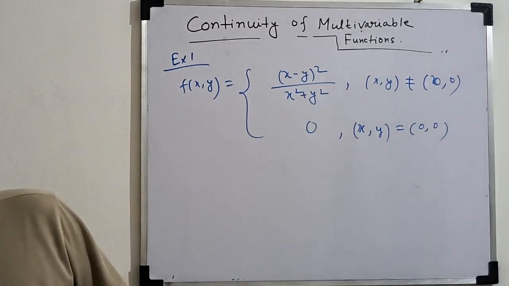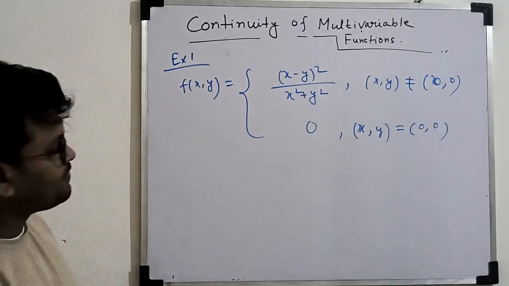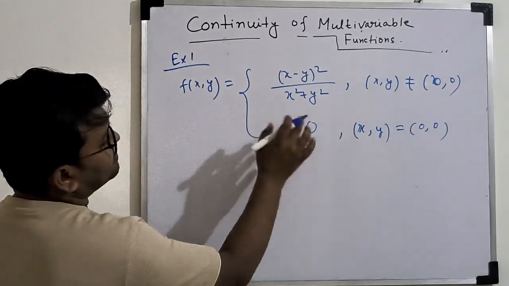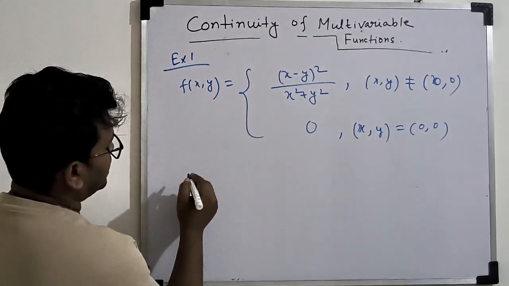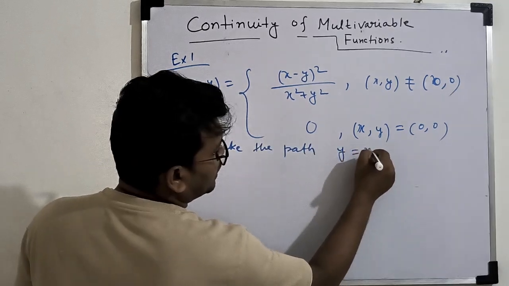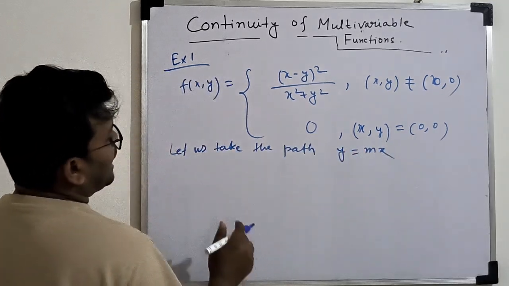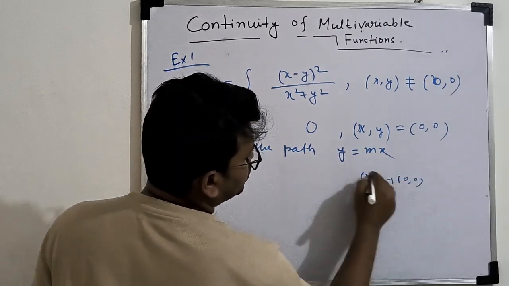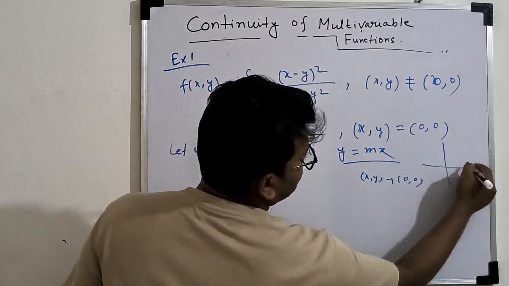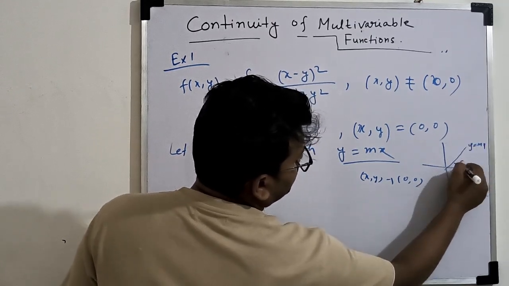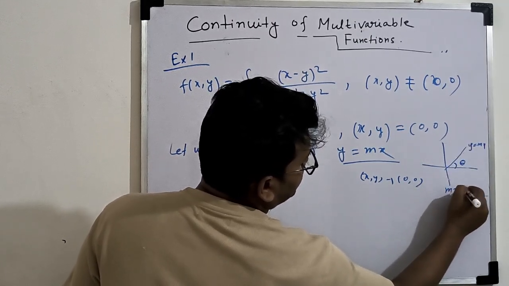So first we find the limit of this function. Let us take the path y equal to mx. So as xy approaches 0, 0 through this line, y equal to mx, m will be equal to tan theta.